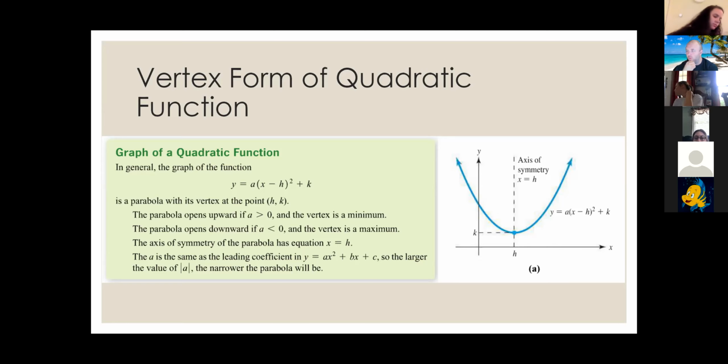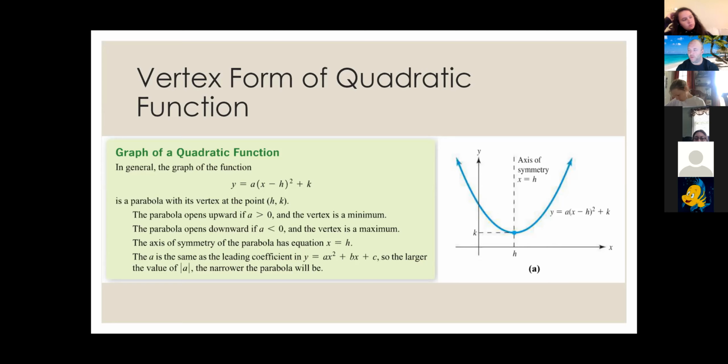So we see that form a times x minus h squared plus k, where h and k are your vertex components, where h is your x value, if you will, and k is your output for the vertex, the f of negative b over 2a, where h is your negative b over 2a in the other form. Okay.